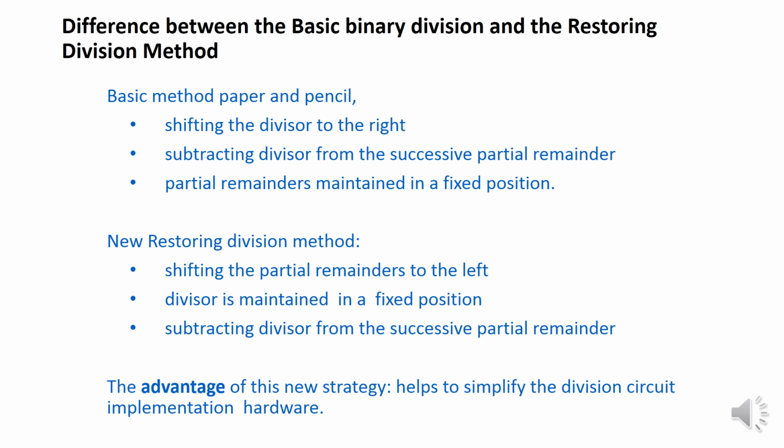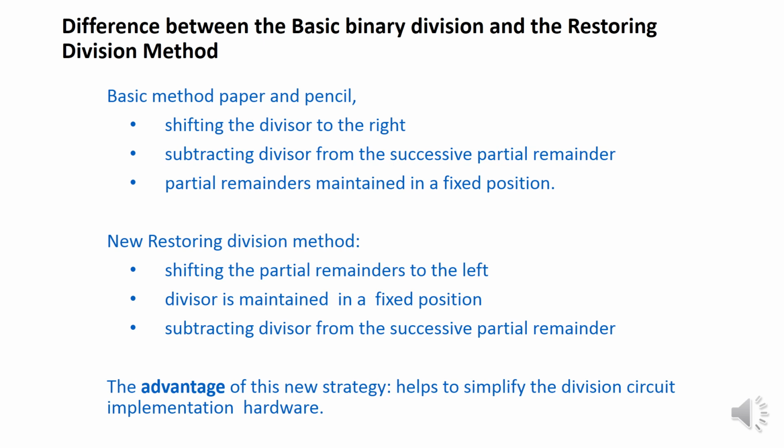But in this new restoring division method, we are doing it the other way around. That means we are shifting the partial remainders to the left, while the divisor is kept in a fixed position.